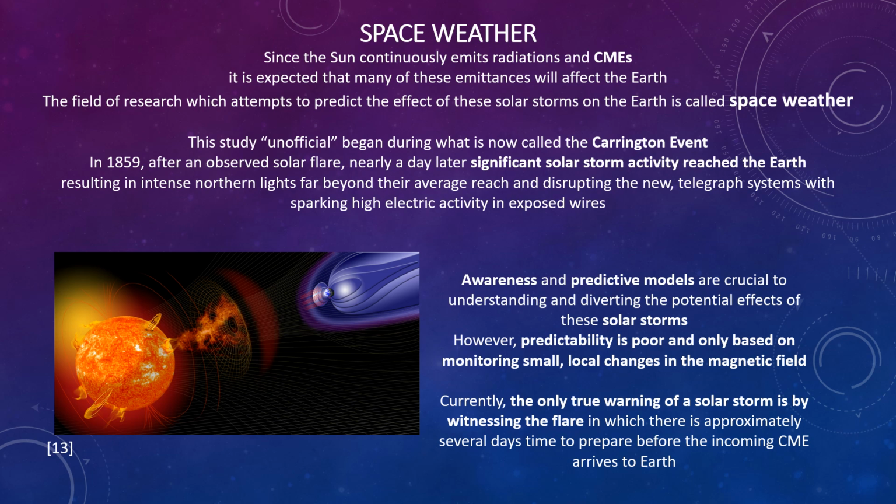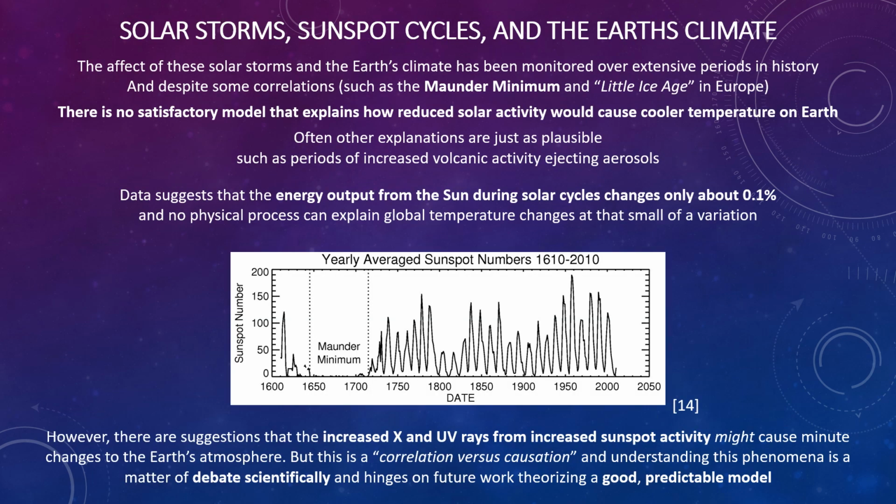Really, the only true warning for a solar storm is to witness the flare, which then gives us either a few days or a little bit less to prepare for the incoming coronal mass ejection before it hits Earth.